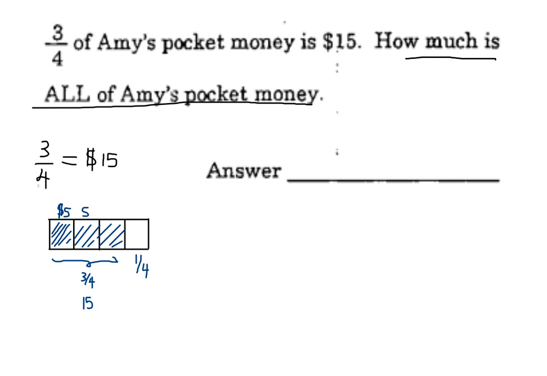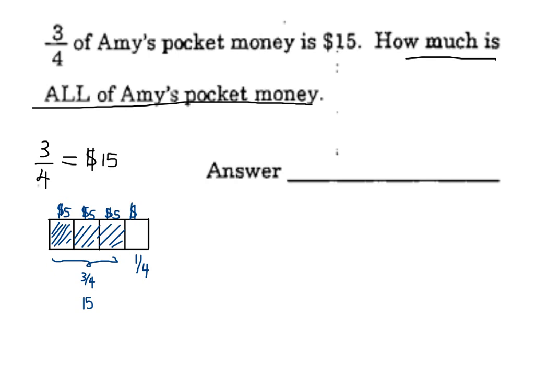Alright, so now if all the blocks are equal, how much do you think this block should be? All 3 adding up to 15, but this last block, how much do you think this block should be if all the blocks are equal? 20. How did you get the 20 just now?